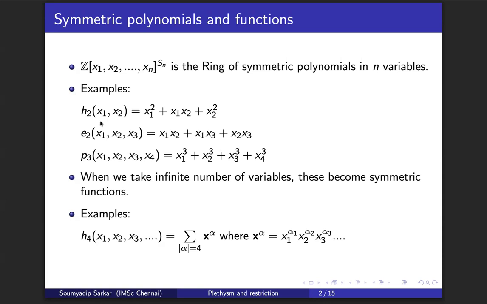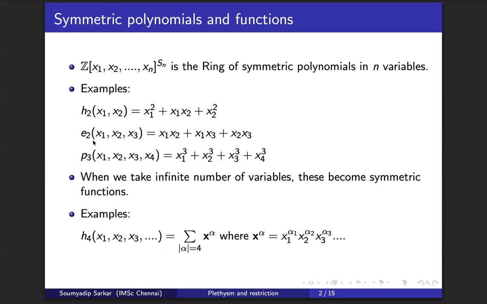For example, you have h2 in two variables. These are all monomials in x1 and x2 of degree 2. So you have x1 squared, x1x2 and x2 squared, and you sum them up. This is also known as the complete symmetric function.